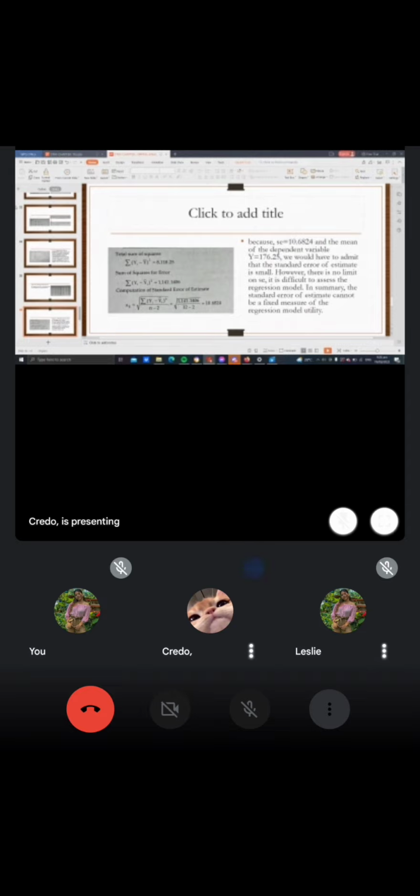The computation of the standard error of estimate gives S sub E equal to 10.6824, and the mean of the dependent variable y is equal to 176.25. We would have to admit that the standard error of estimate is small. However, there is no limit on S sub E, so it is difficult to assess the regression model. In summary, the standard error of estimate cannot be a fixed measure of the regression model's utility.